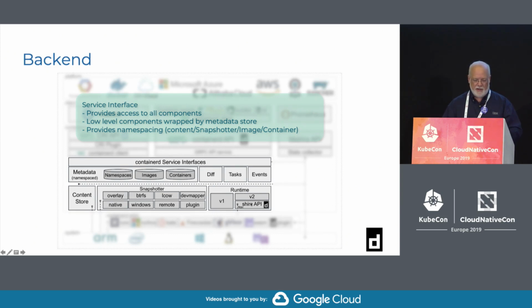V1 was the initial shim API that we used to launch runc. There were a lot of people writing runc implementers, like runv, the virtlet guys.